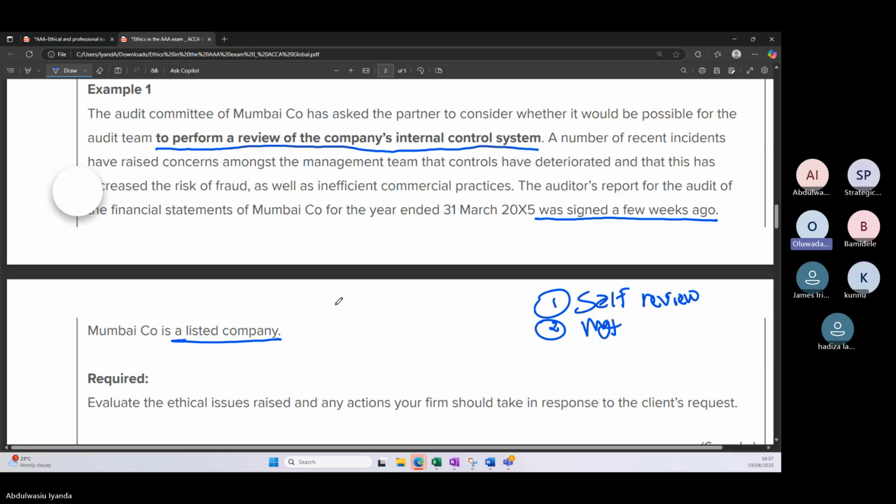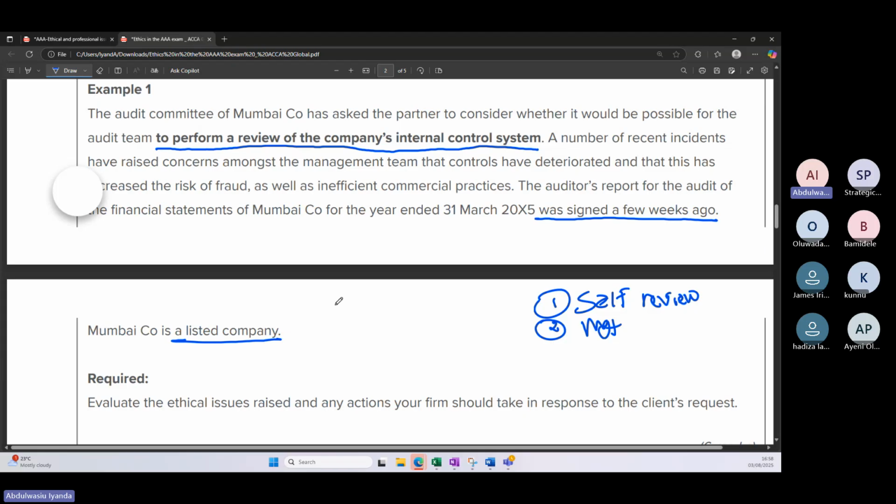So in this scenario, they asked the partner to consider whether it could be possible for the audit team to help. The partner is the head of the engagement team, the leader, the one that will sign the report. So the management of this committee is discussing with the partner.